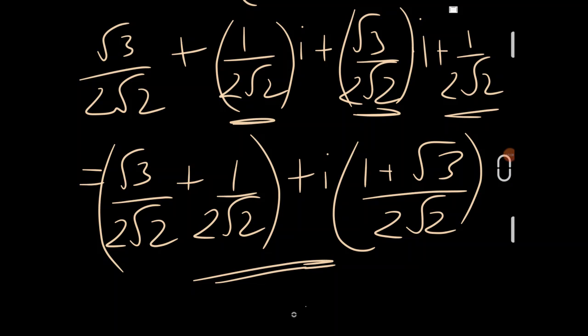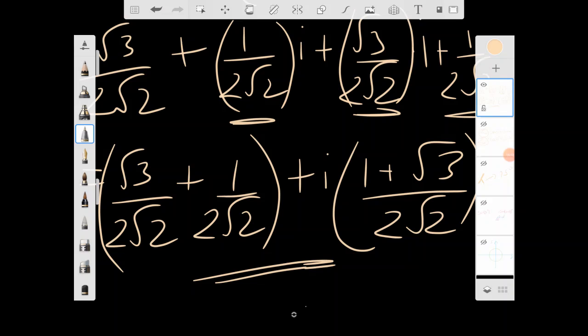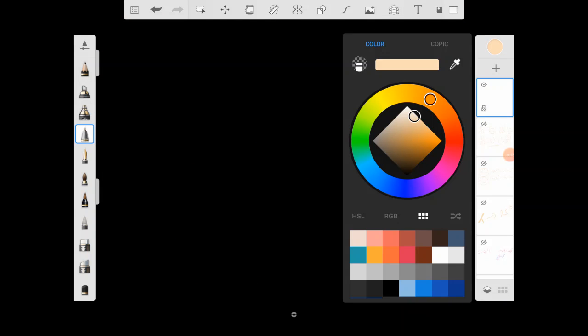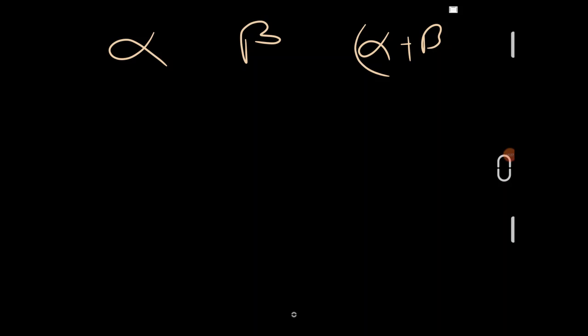Now let me show you the general form of doing it. Suppose I have an angle alpha and an angle beta, and I need to find the angle alpha plus beta, so how do I combine them both?